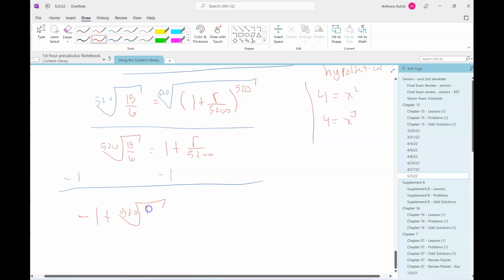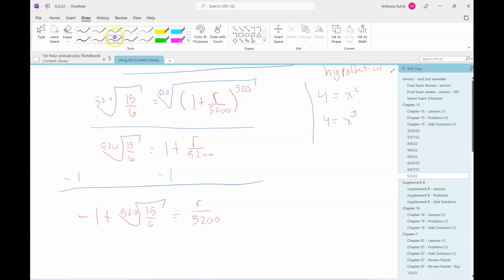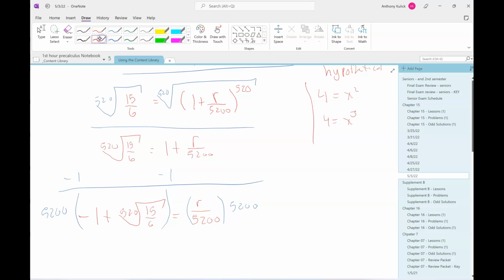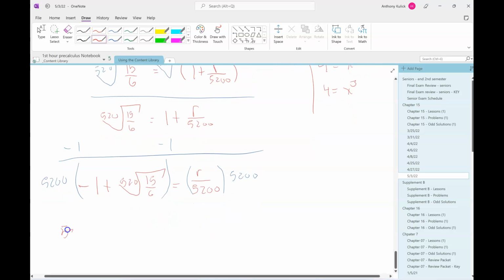I am doing that just so I don't confuse myself as to whether that -1 is happening under the radical or outside the radical when I go back to type this into my calculator in a moment. And then my last step would be to get rid of the 5, so multiply both sides by 5,200. Remember, when I do that, I have to do it to both sides, so I'm going to use a parenthesis there.